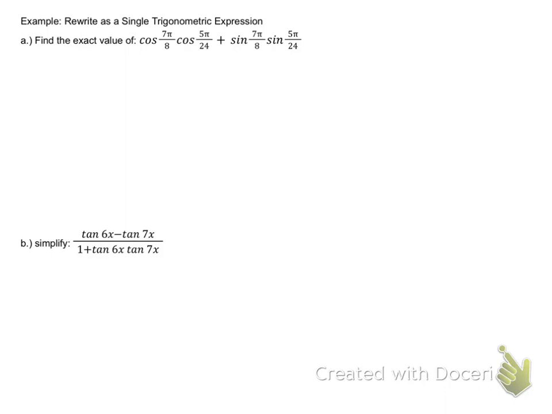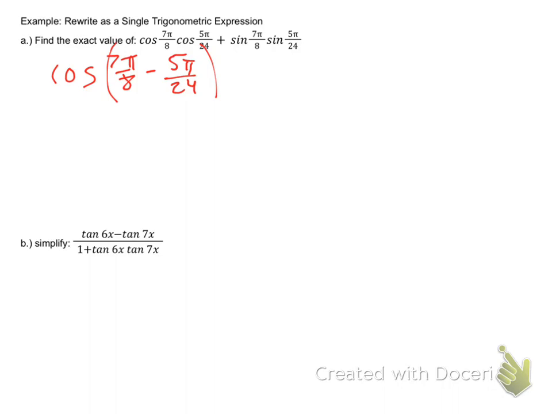Which one has a cosine, cosine, sine, sine? The difference of cosine, because the signs change. So this really means that it should be cosine of 7 pi over 8 minus 5 pi over 24.